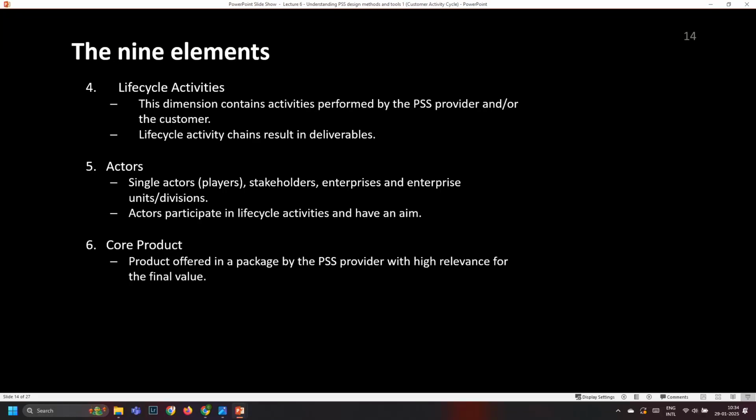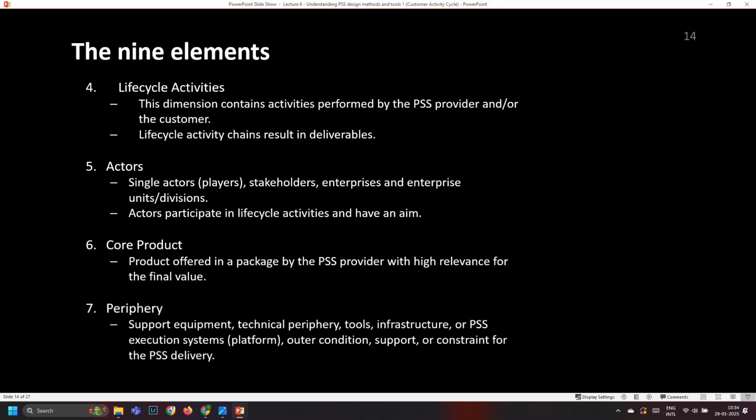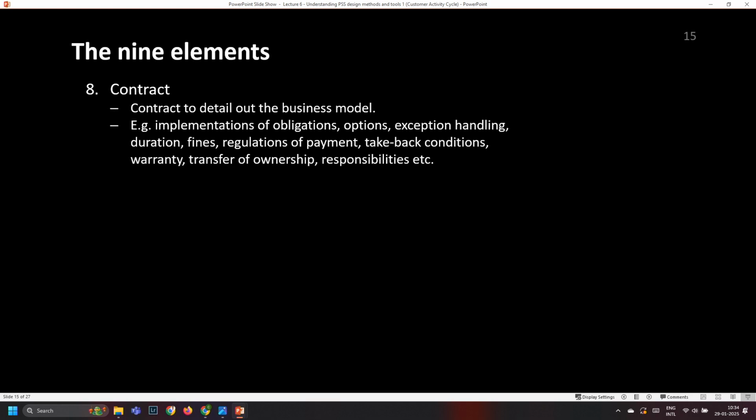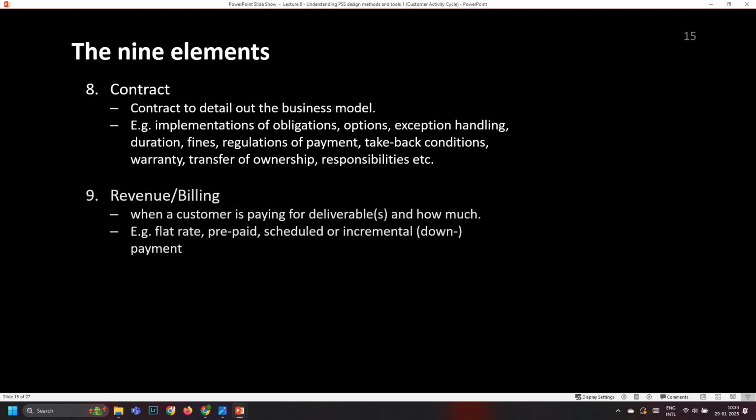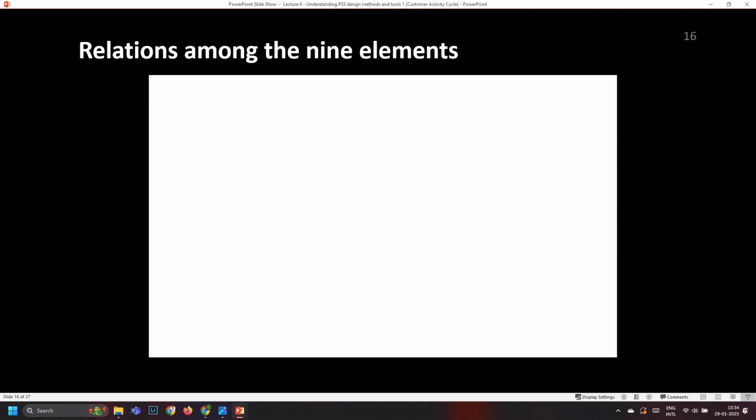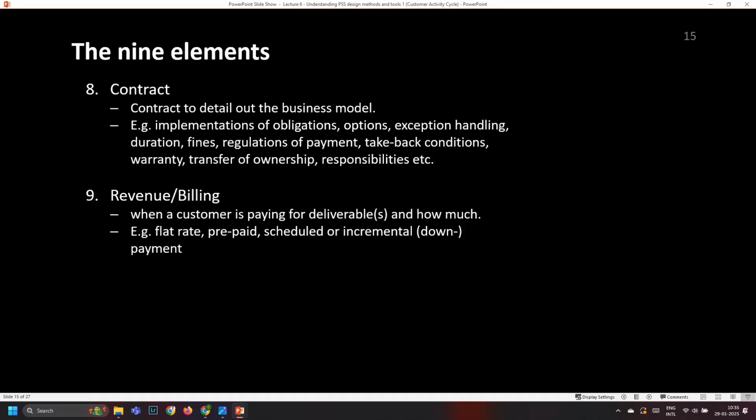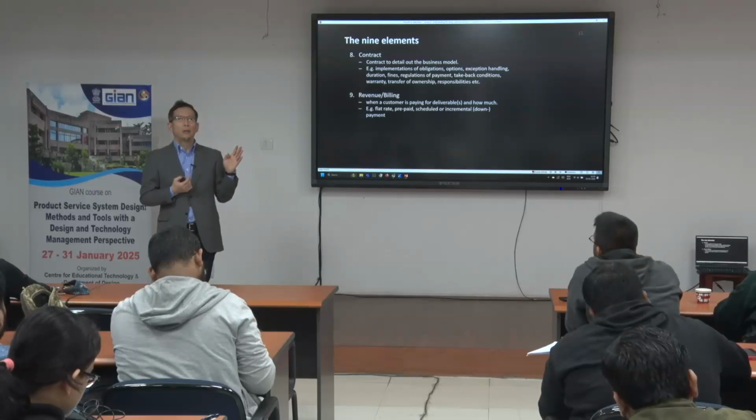It's assumed that there is a core physical product in this case. 7th layer, sort of surrounding physical things around the core product. 8th, contractual element, if relevant. 9th layer is about the revenue model or charging scheme, right? So, any questions so far regarding the 9 layers?